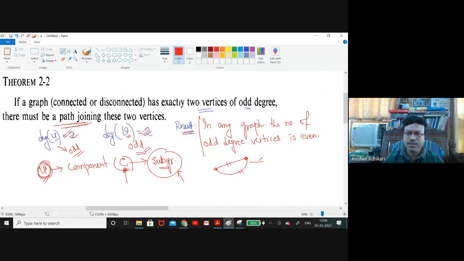So this graph is not a simple graph. Or this graph is not simple because it has a loop. So this is also not simple. So a simple graph means a graph which has no parallel edge or self loop.